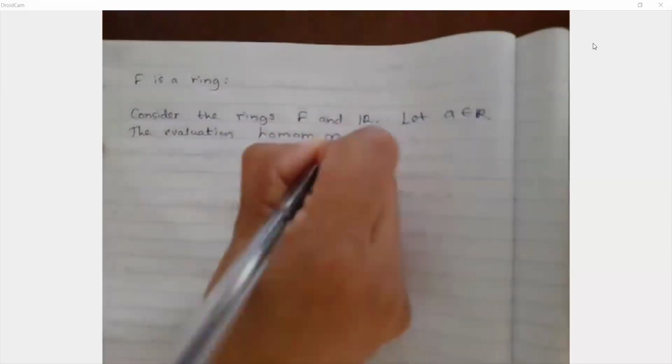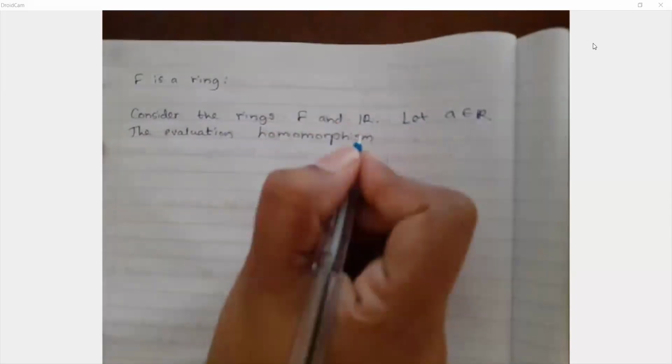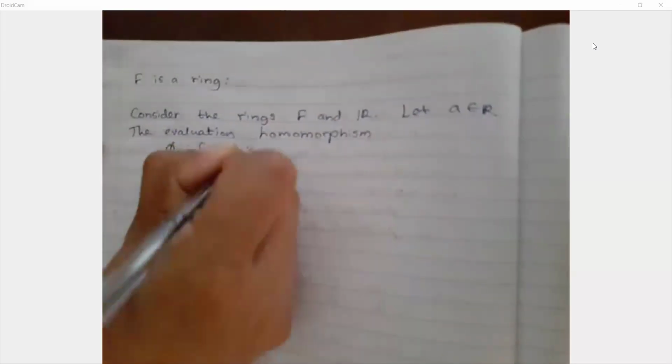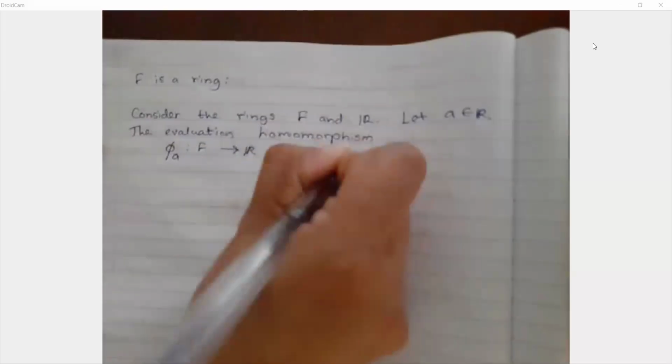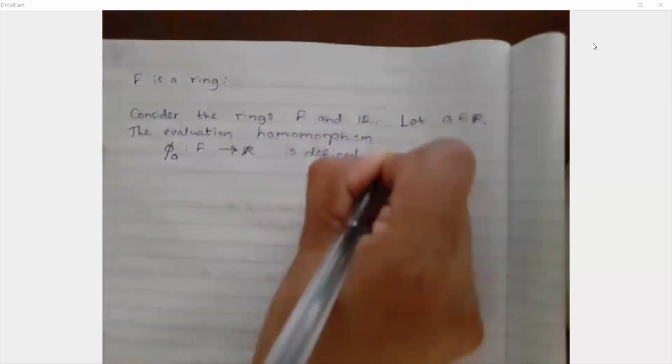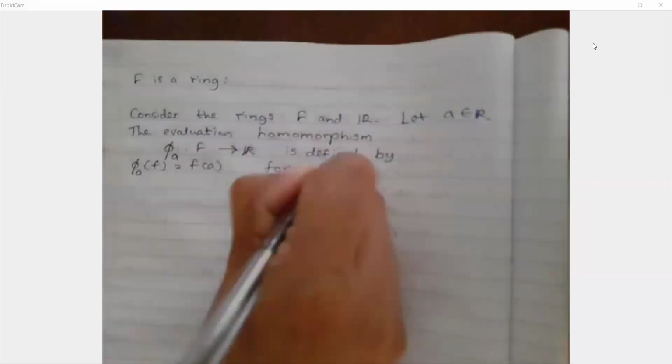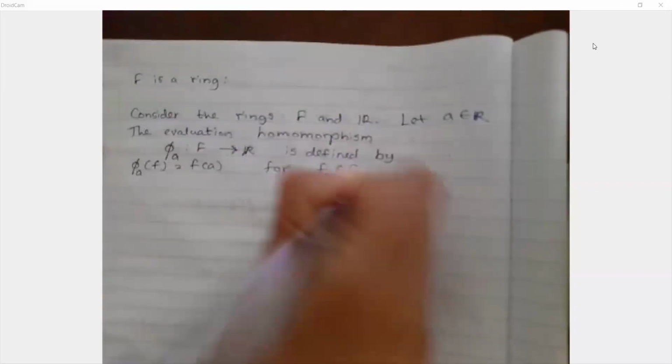The evaluation homomorphism phi sub a from F to R is defined by phi sub a of f equals f of a, for each function or element f we take from the ring F.